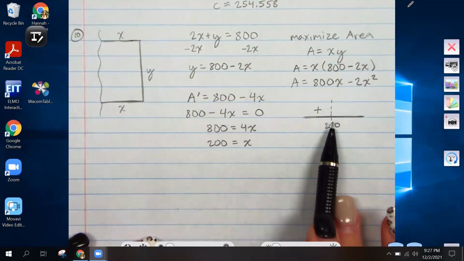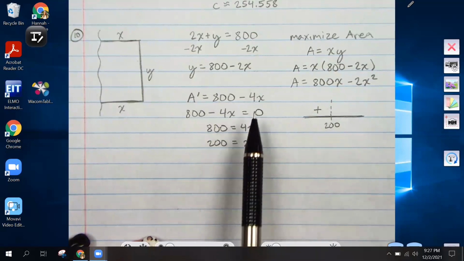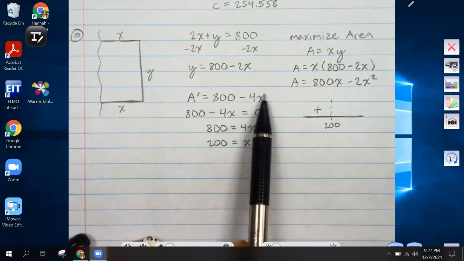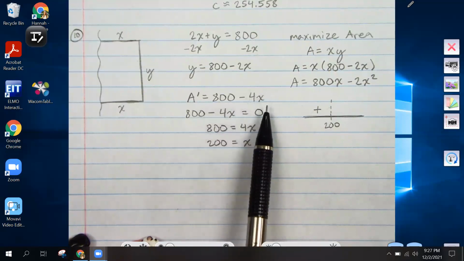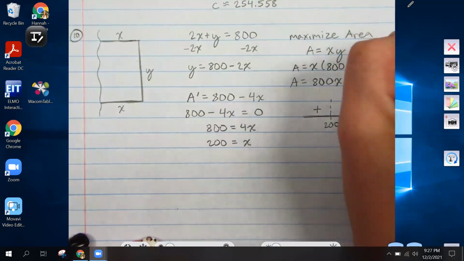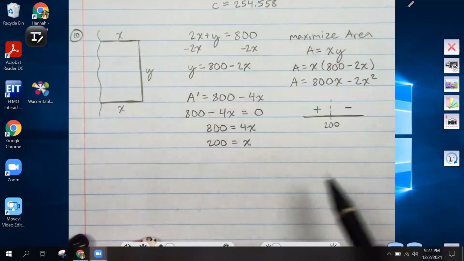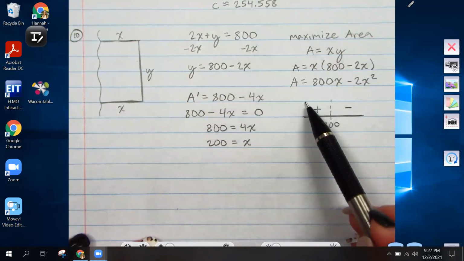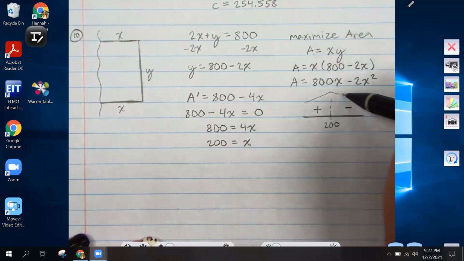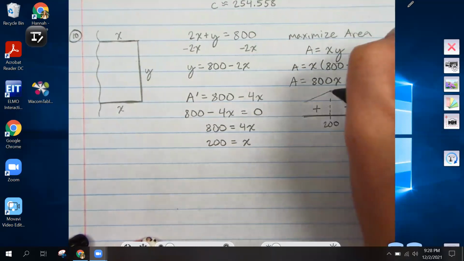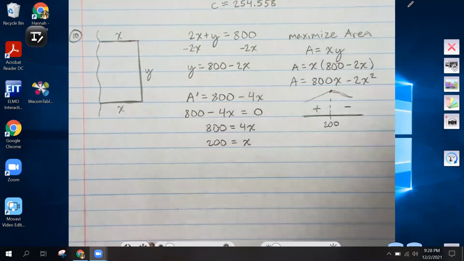You try a number bigger than 200, you're going to end up with a number that's bigger than 800 here. 800 minus a number that's bigger than 800 will give you a negative value. So we can see that we go from a positive slope to a negative slope, which would create a maximum. So we know that x equaling 200 gives us a maximum value.